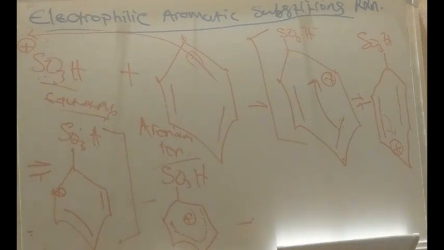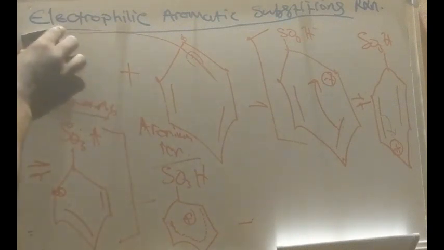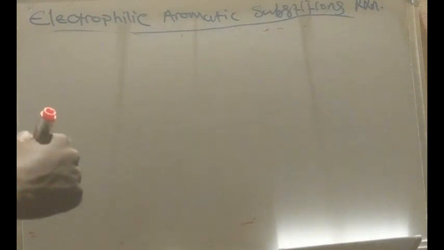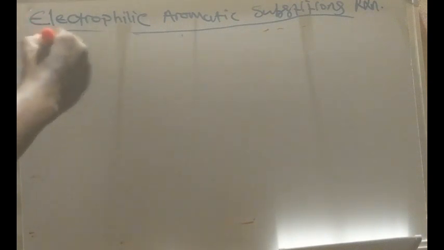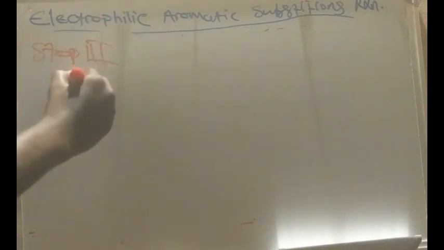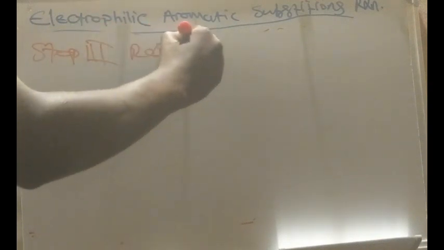So let's look at the final step, which is restoration of aromaticity. Right, so as we are ending this reaction, we have to keep in mind the products that were formed in the previous steps so that we utilize them in the following steps. So in this final step, which is step 3, we are restoring the aromaticity of the ring.